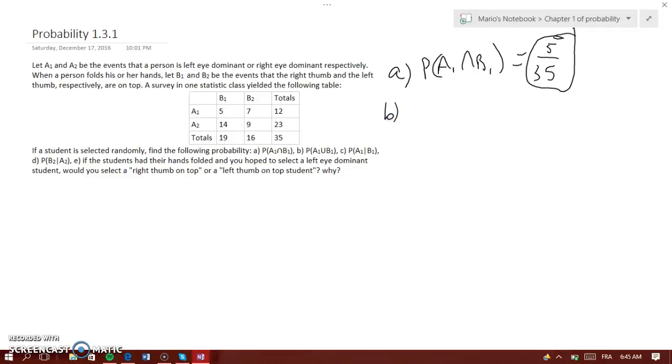Part B asks for the probability of A1 union B1.